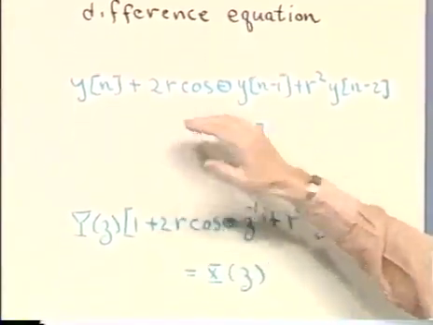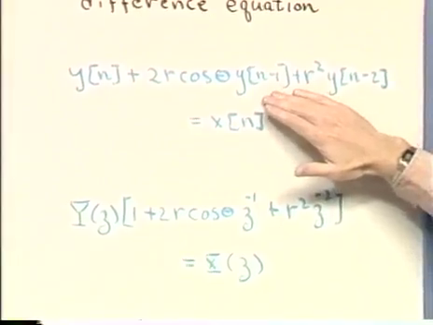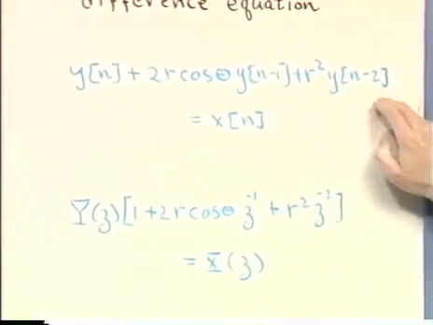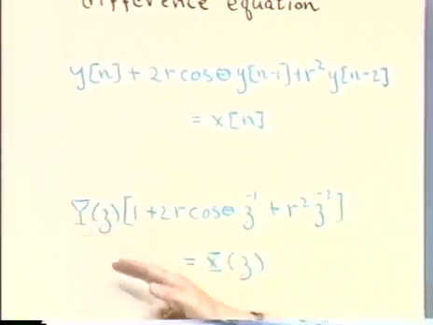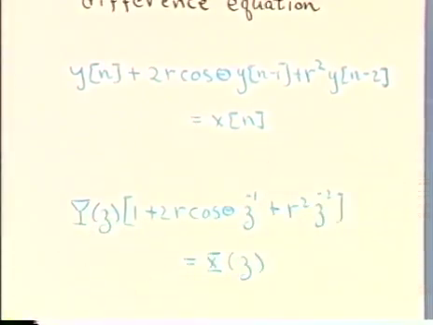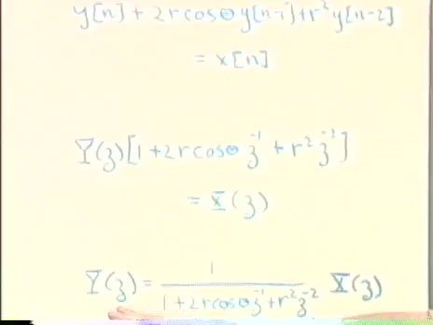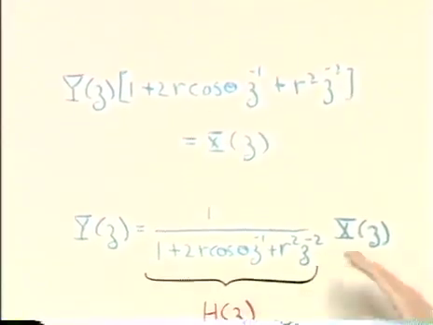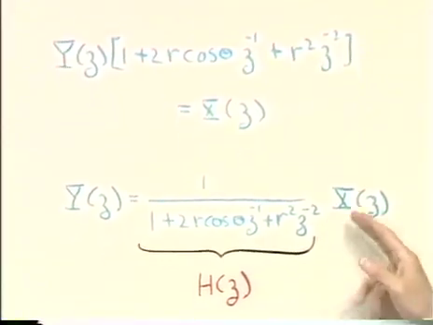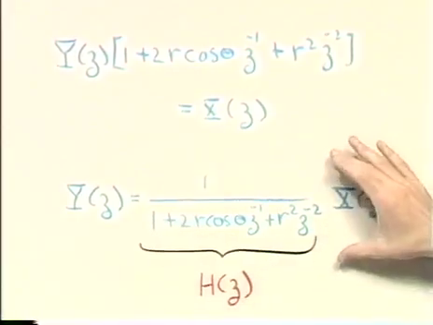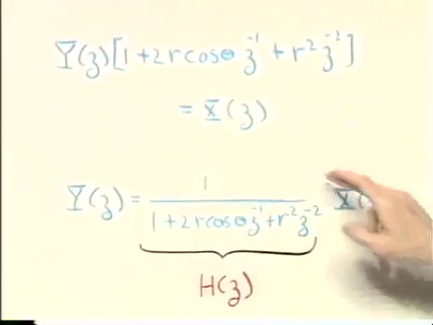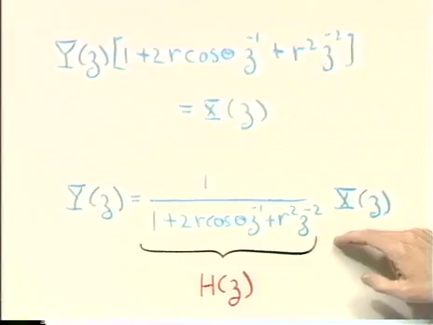I use the linearity property and the shifting property, and I end up with this algebraic expression. If I now solve that to express y of z in terms of x of z and a function of z, this is what I get for the system function.